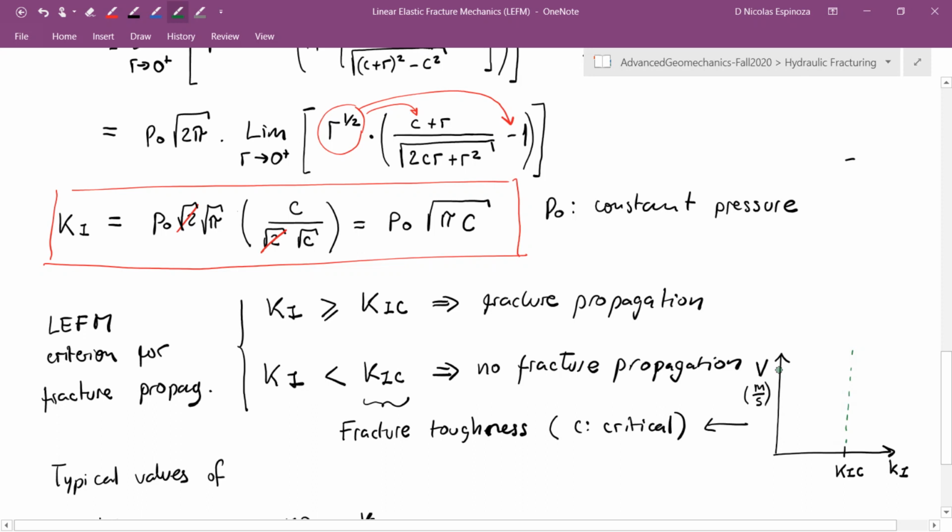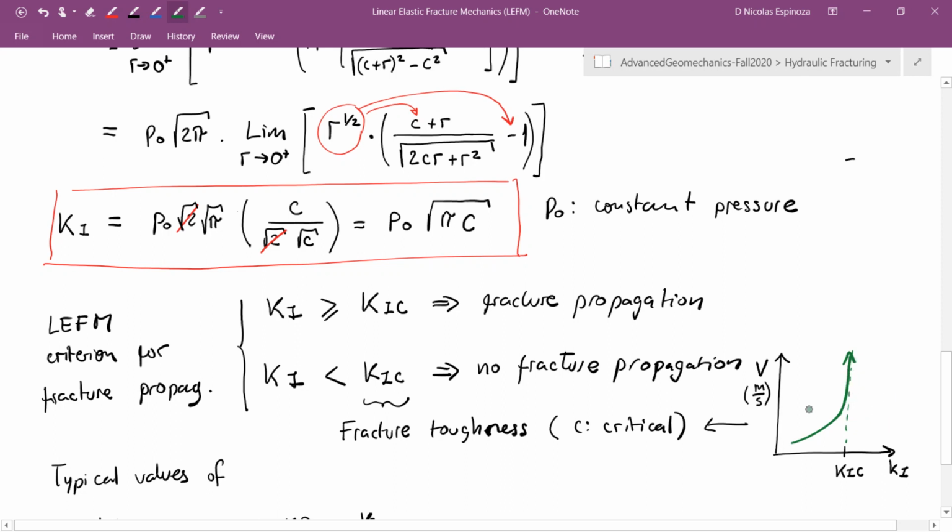Just assuming that, without involving fluids, without involving injection rates, just talking about linear elastic fracture mechanics in a solid, as the stress intensity approaches the critical intensity value of fracture toughness, the velocity quickly increases and tends to a very high number.